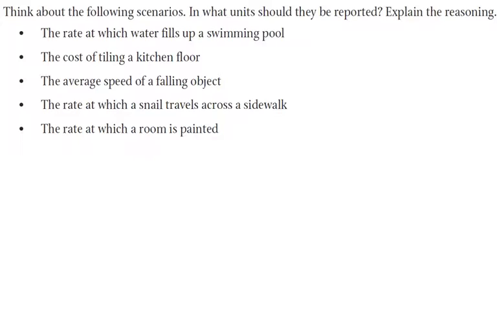Alright, now if we were thinking about units, the rate at which water fills up a swimming pool is probably going to be something like gallons. We don't really have much bigger than gallons, but it would be that. Cost of tiling a kitchen floor. Cost is usually in dollars, hundreds of dollars maybe.